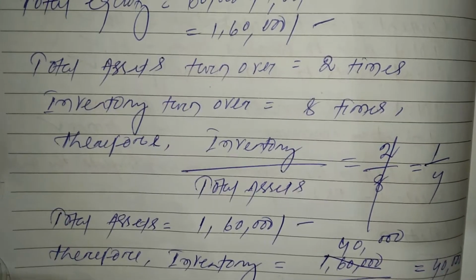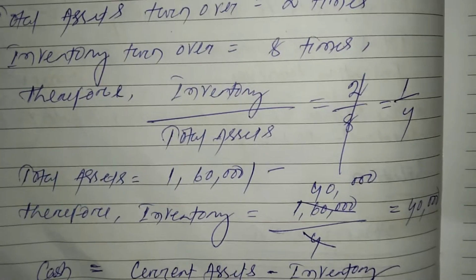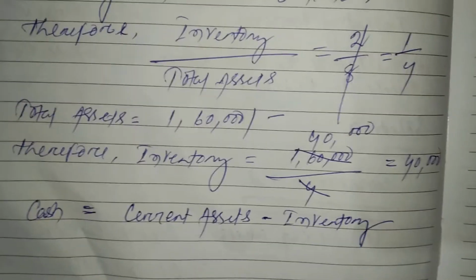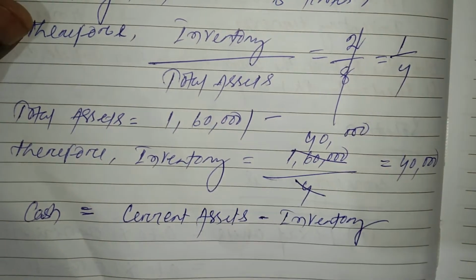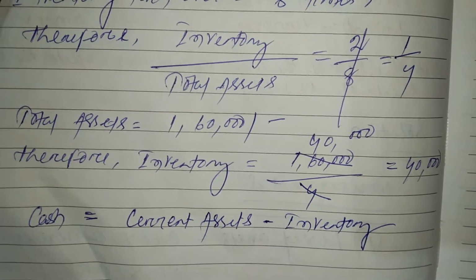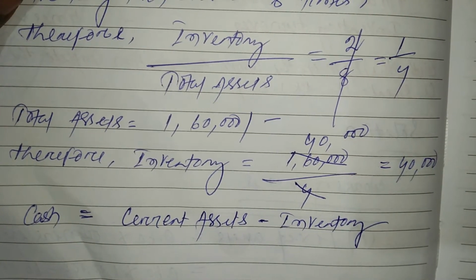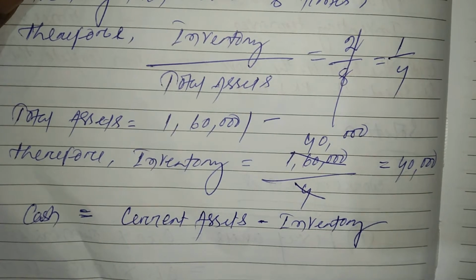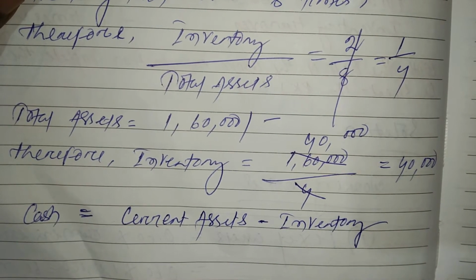That means if fixed asset is rupees 60,000, then current asset must be 1 lakh, because our total asset is equal to 1 lakh 60,000.